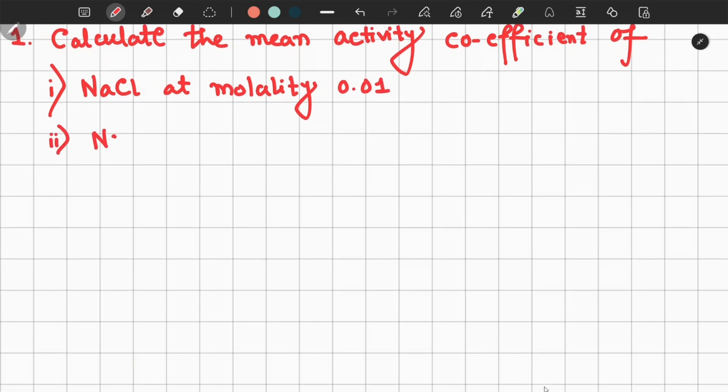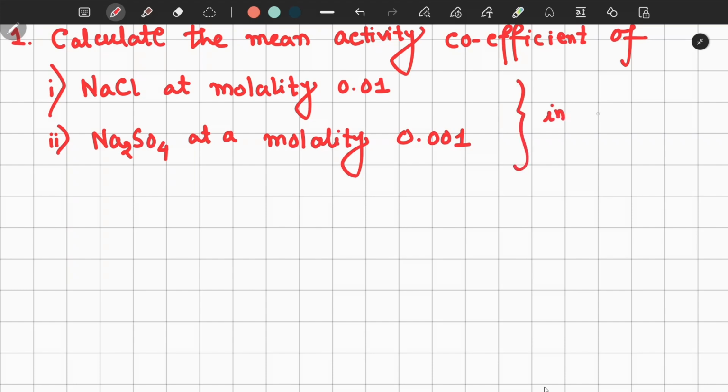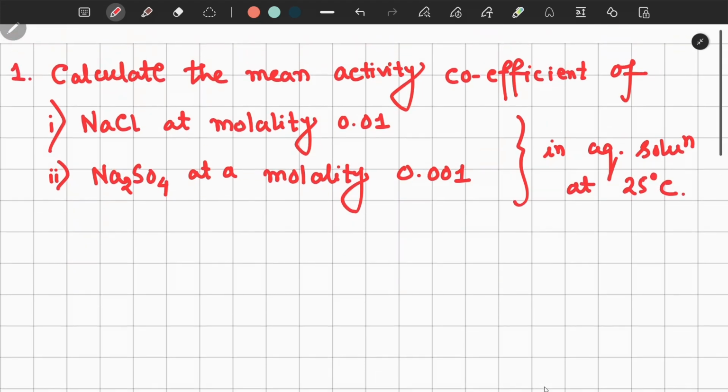Second, Na2SO4 at a molality 0.001. Both are in aqueous solution at 25 degrees centigrade. So we have to calculate the mean activity coefficient.